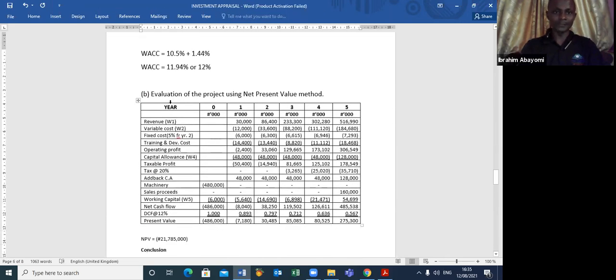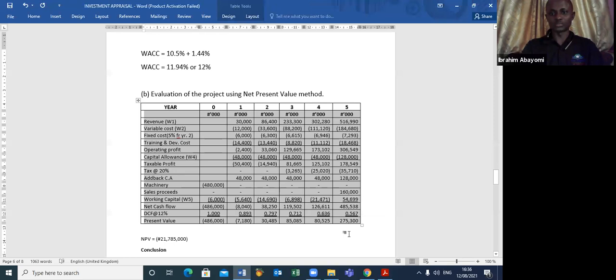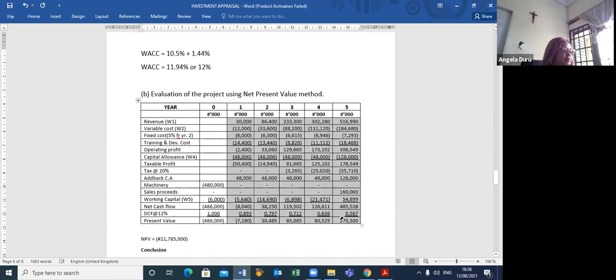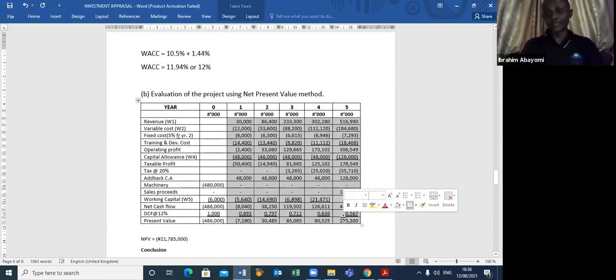This table here, if you look at all these tables from A to Z, all the cash flows that we use, how did you get them? They were estimated cash flows because they are all future cash flows. Future cash flows are estimates. They are not accurate, isn't it? Future cash flows are just estimates.